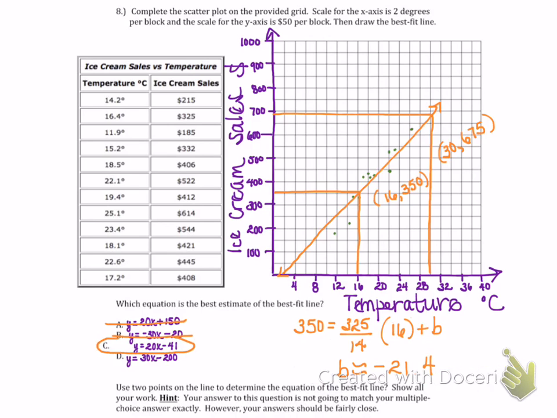So I'm finding a y-intercept, it's kind of gross, of about negative 21.4, which seems to be really off from the y-intercept of the given choices, but if you think about it, negative 21 is a lot closer to negative 41 than it is to negative 200. So C seems to be the best choice here.